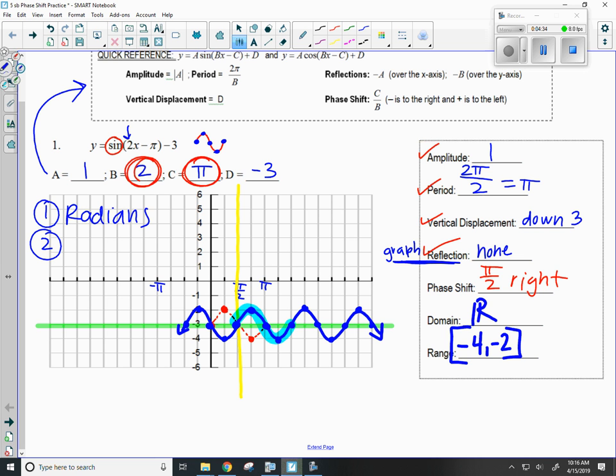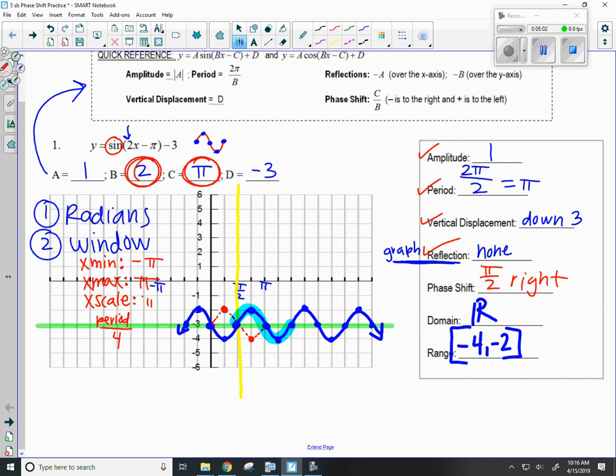And 2, you want to make sure that your window is set to match what's happening on your graph. So for the window, I like to set the x minimum to whatever the period is but negative, so -pi. For the x maximum, I'm just going to make this go up to what the period is, so pi, and for the x scale, take the period and divide that by 4.